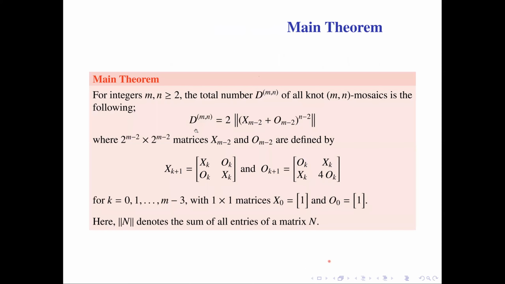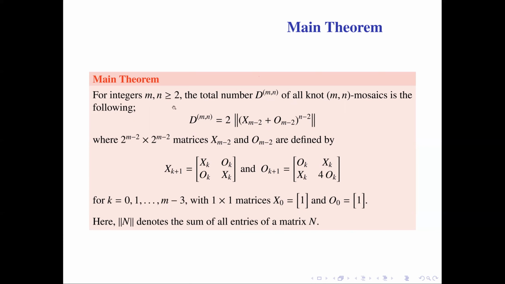So finally, I'll give you the main theorem again. In our main theorem, the two means the twofold rule, and the value means the number of all suitably connected n-2 by n-2 mosaics. So from the idea of the twofold rule and Propositions 1 and 2, we can prove the theorem.